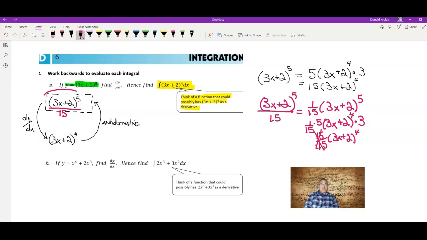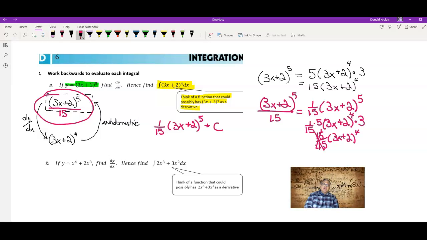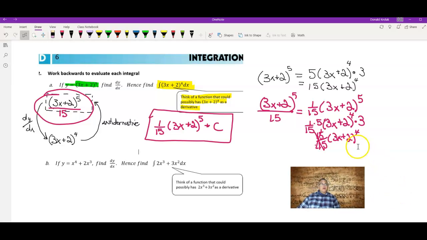So this would be our antiderivative, or the integral of this, and I would express my answer like the following: 1/15th times (3x + 2)^5 plus c. And that's my indefinite integral for letter A.